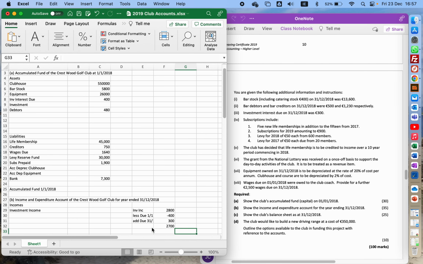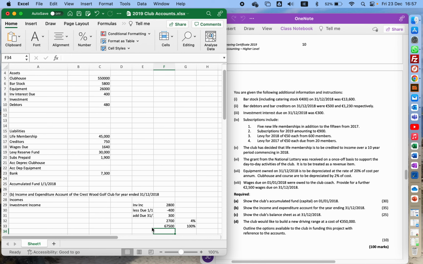So that represents 4%. So therefore the 100% is the loan. So the 2,700, we'll divide that by 4 to get 1%, and multiply by 100 to get the original figure for the loan. So 67,500, so I'll put that in there.